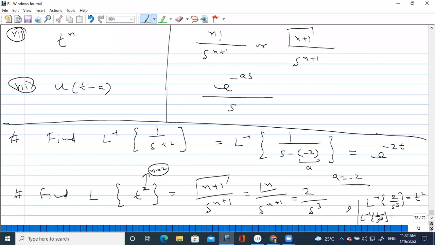Because 2 by s cube gives you t square, and 2 is not there, so you can take 1 by 2 here and 2 here, then it will be solved. So then answer will be 1 by 2 t square. Like that you can do if Laplace inverse of 1 by s cube is asked.